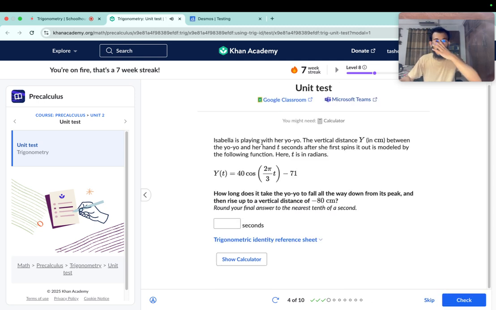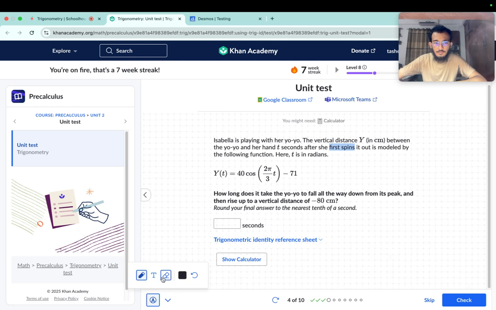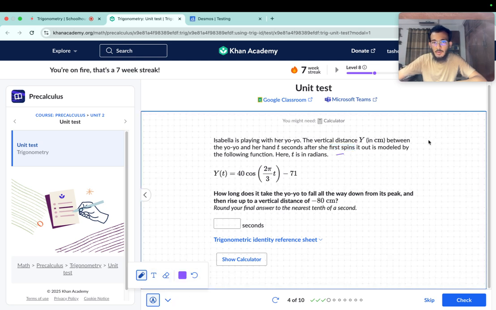Okay, Isabella is playing with her yo-yo. The vertical distance y in centimeters between the yo-yo and her hand, t seconds after she first spins it out, is modeled by this thing.